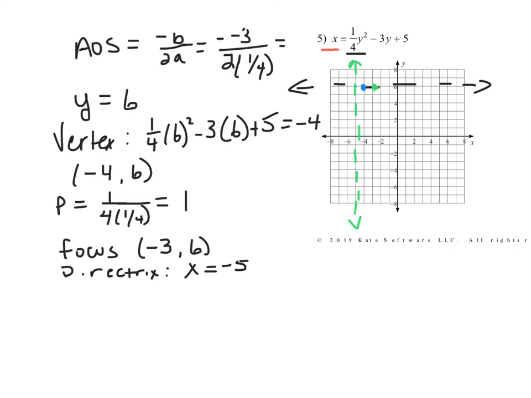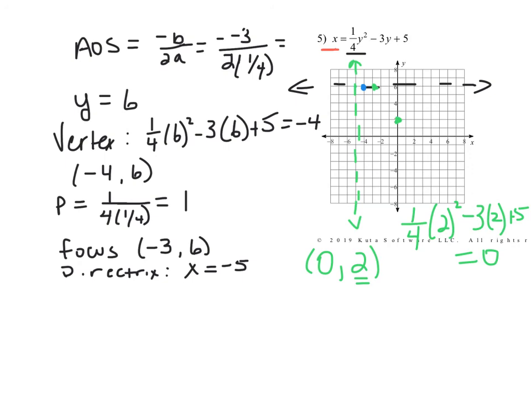When I plug in my value of 2, I get 1/4 times 2 squared minus 3 times 2 plus 5. This gives me the value of 0, because 1 minus 6 is negative 5, plus 5 is 0. So at the point 0, 2, because remember I plugged a 2 in for y, I have another point on my parabola. So here's another point on my parabola.